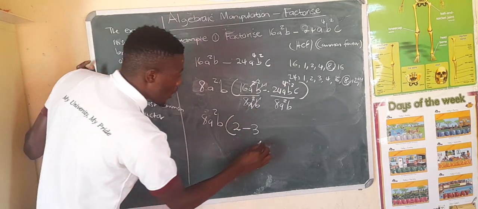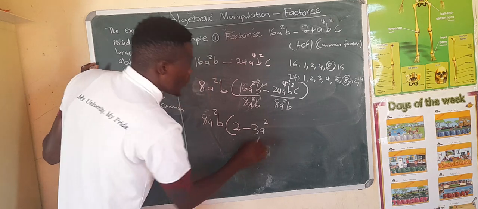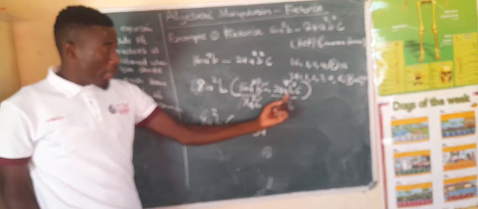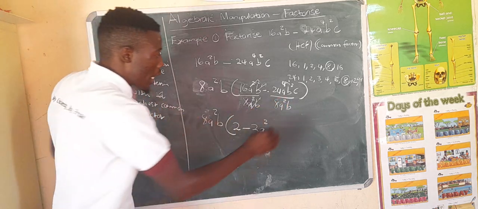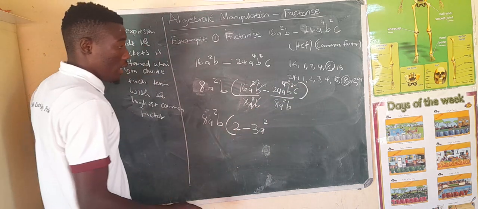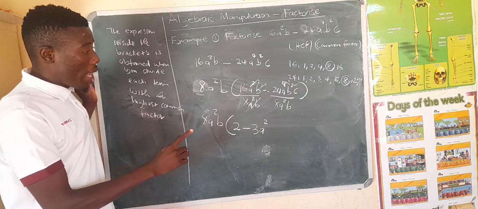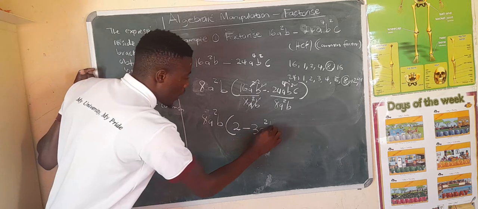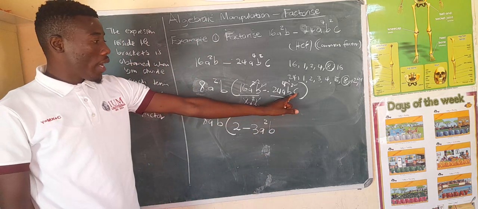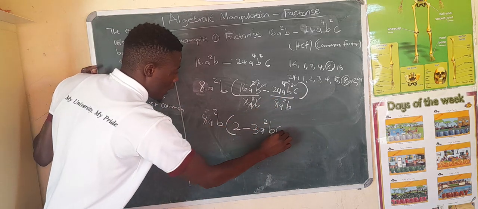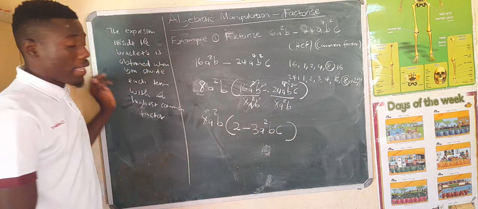Then we remain with a to the power 2. And then we have b to the power 2 divided by b raised to the power 1. We are subtracting here. Then we remain with b to the power 1, so we just write it the same way, like that.